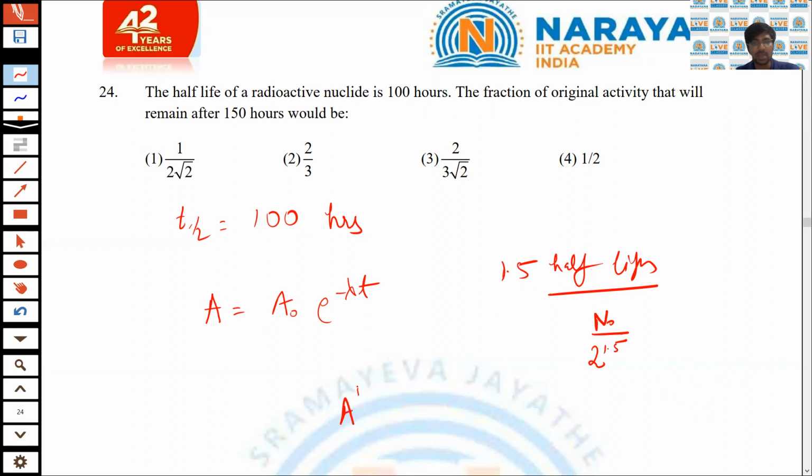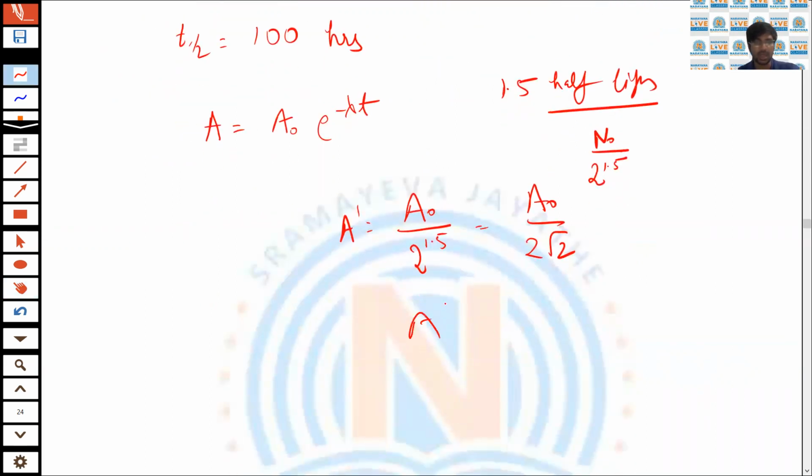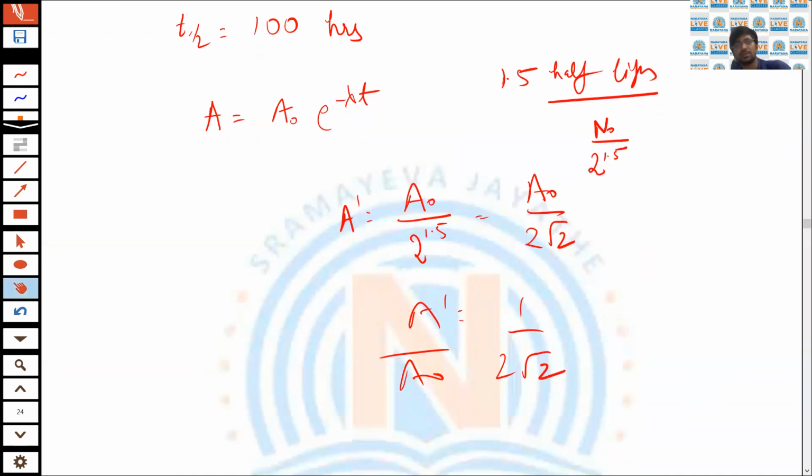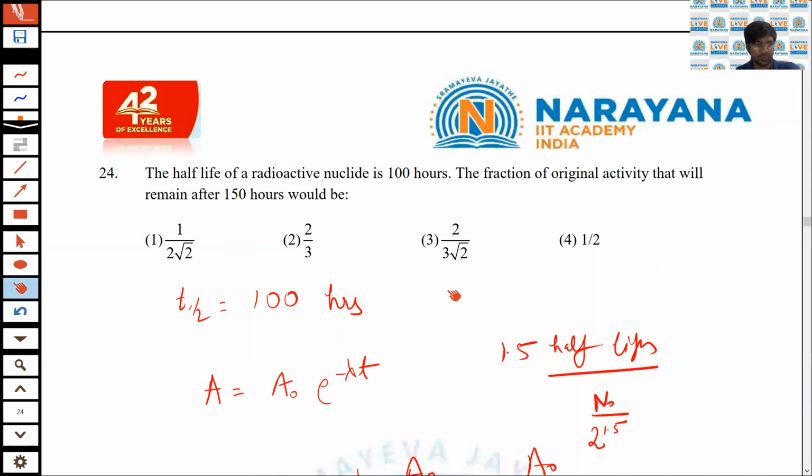So which makes the new activity equal to A naught divided by 2 to the power 1.5, which means A naught by 2 root 2. This basically means that A dash by A naught is equal to 1 by 2 root 2. All right. So the correct option for 24th question is the first option.